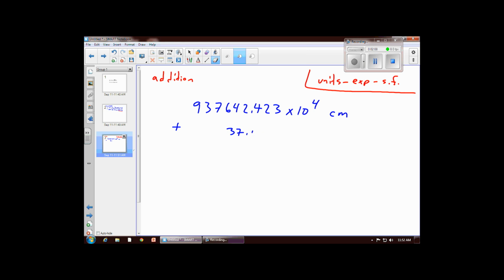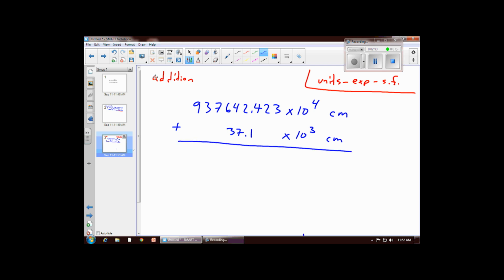Oops, this is me and my inexperience. We're just going to make it 37.1, and we'll make it times 10 to the 3rd centimeters.